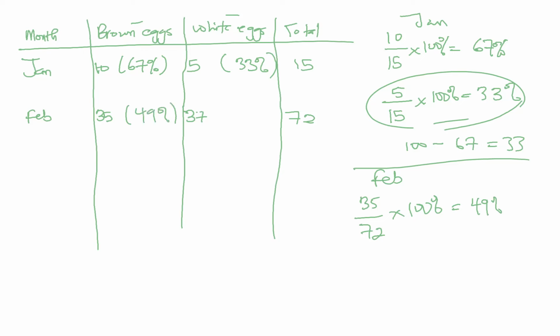Then as I said, for white eggs, we can simply subtract 49% from 100%, and that will give us 51%, because there are just two categories involved. The value is 51%. So this is how you can move on to fill in the other months to get your percentages into your table.